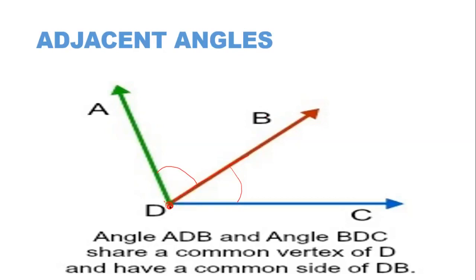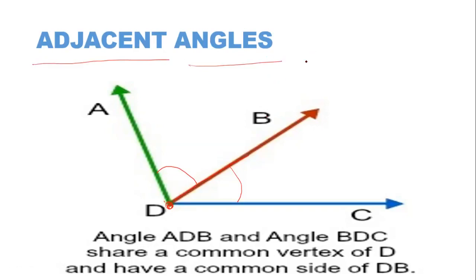They have a common vertex and have non-common sides on either side. ये common side है, उसके एक एक नॉन कॉमन साइड इस साइड पे होगी और एक नॉन कॉमन साइड इस साइड पर होगी. Adjacent angles में हमने क्या किया है?